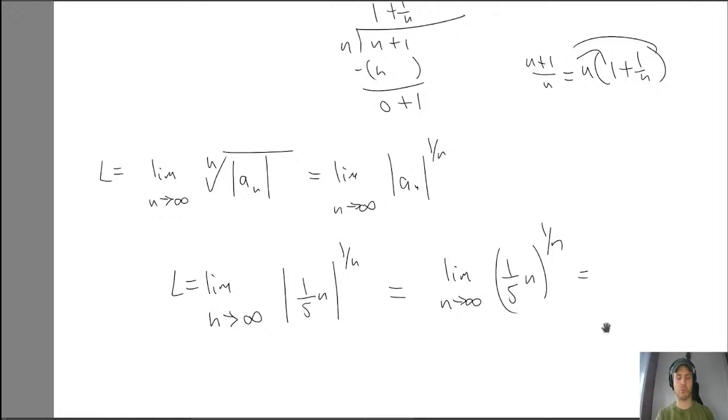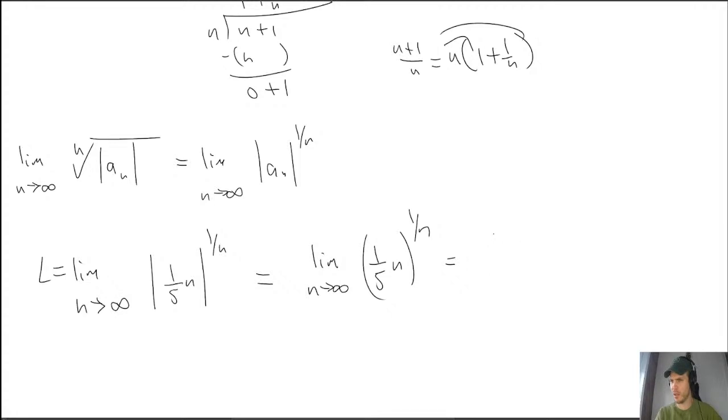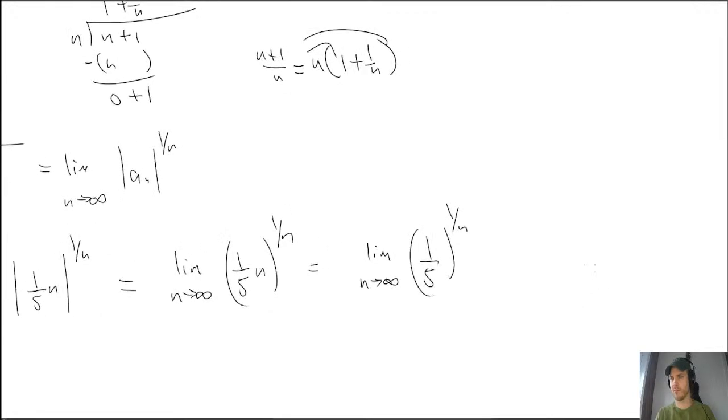And then we'll use a power rule here. And then this portion is equal to 1. So we just need to figure out what this does.